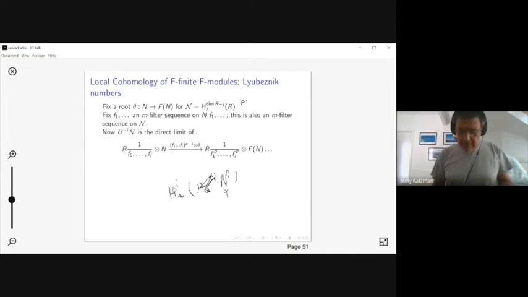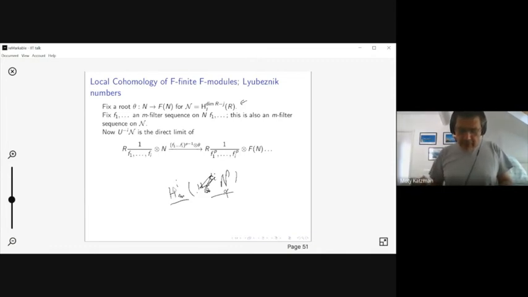This had a root, and we compute local cohomology with support in M by taking generalized fractions of this module and then taking homology between some maps in a complex of generalized fractions.